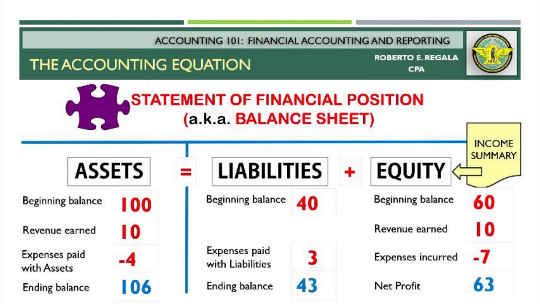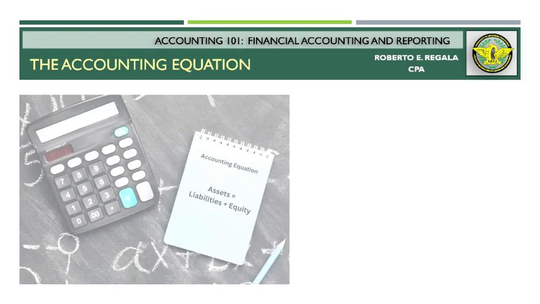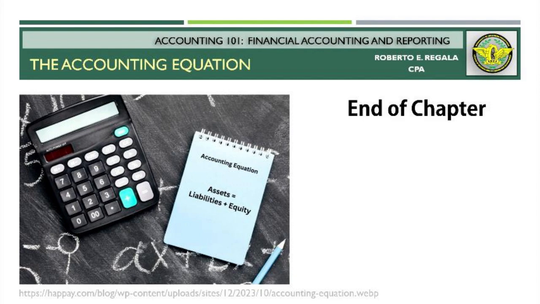The entity now has a total asset ending balance of 106 million on the left side of the equation. It now has 43 million in liabilities and 63 million of equity on the right side of the equation. The sum of the two equals the total assets at 106 million. And that ends our discussion of the accounting equation.